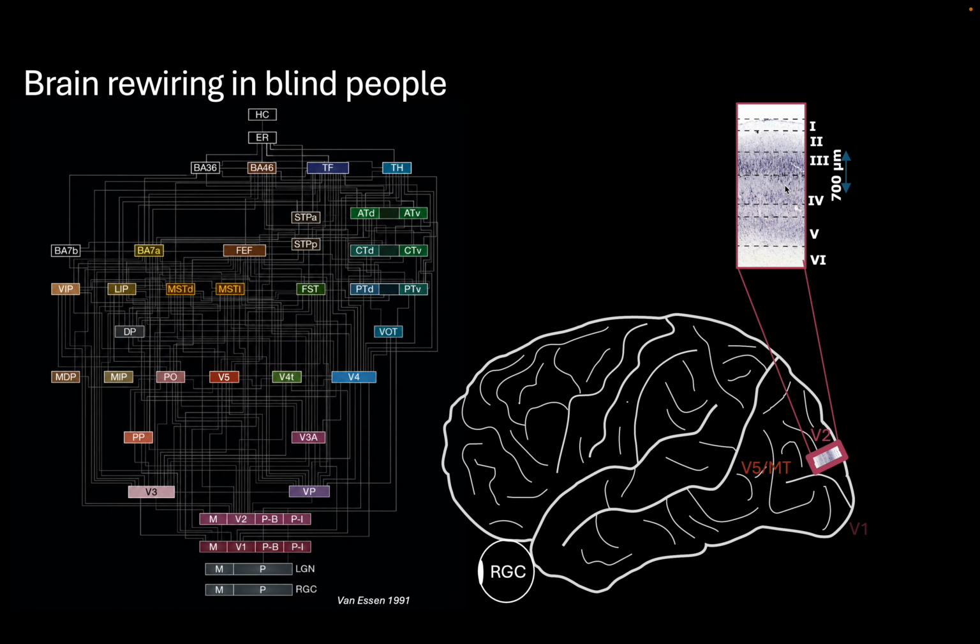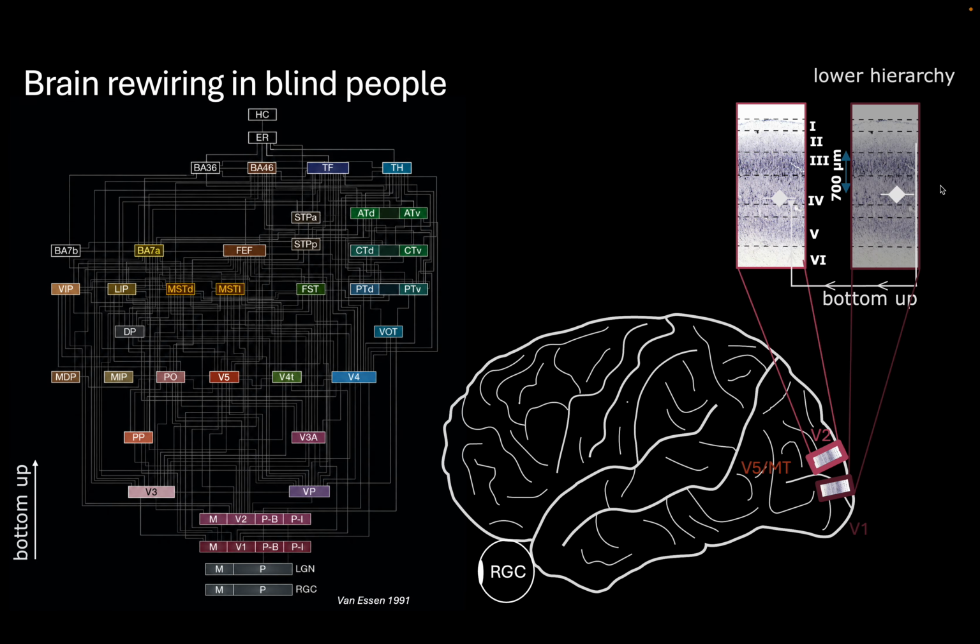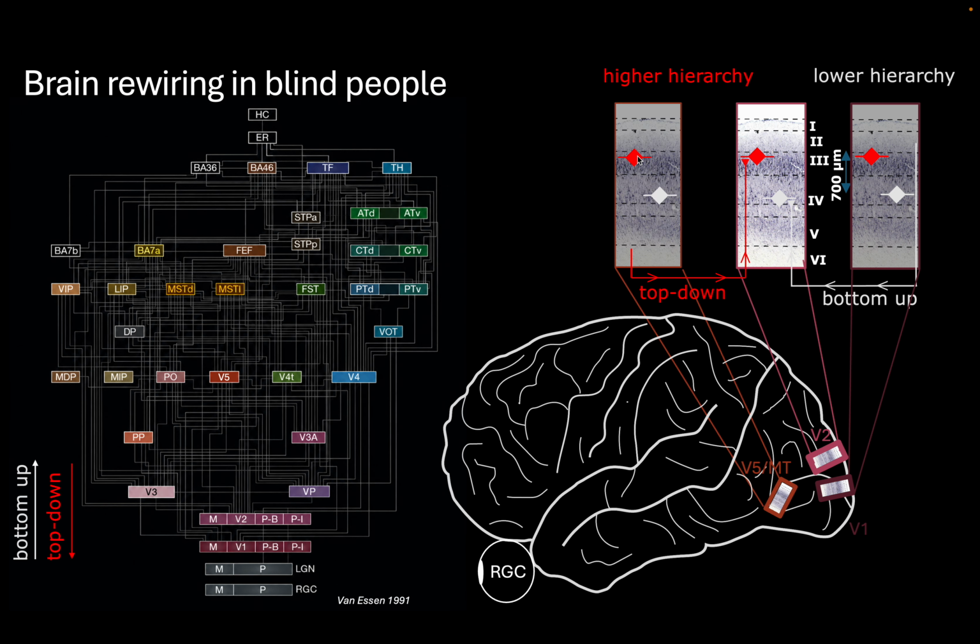any input into any given brain area that is coming from something lower in the hierarchy enters into the middle cortical layers. So we know this hierarchy based on the laminar connectivity pattern. So if you move from the bottom up, it comes into the middle layers. However, the same brain area is receiving feedback input from another area that is higher in this hierarchy in the upper and or deeper layers.